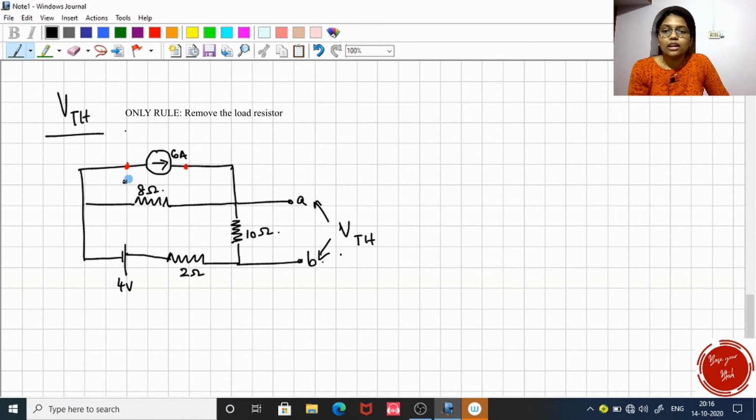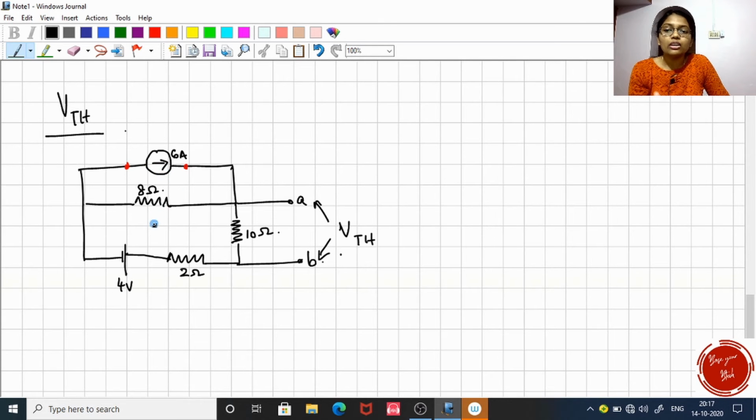Now, how to get the voltage across this terminal? Okay, so let us say that voltage across AB is equal to the voltage across the 10 ohm resistor. Why? Because AB and 10 ohm are connected in parallel, and for parallel connections voltages are the same, isn't it? And here there is a current source coming up. So let us transform this current source.